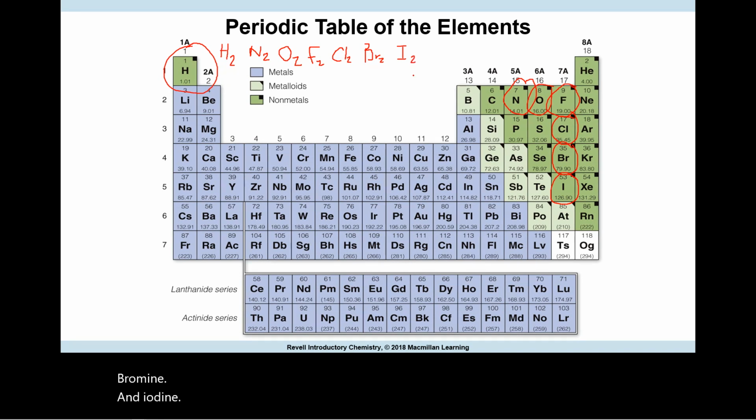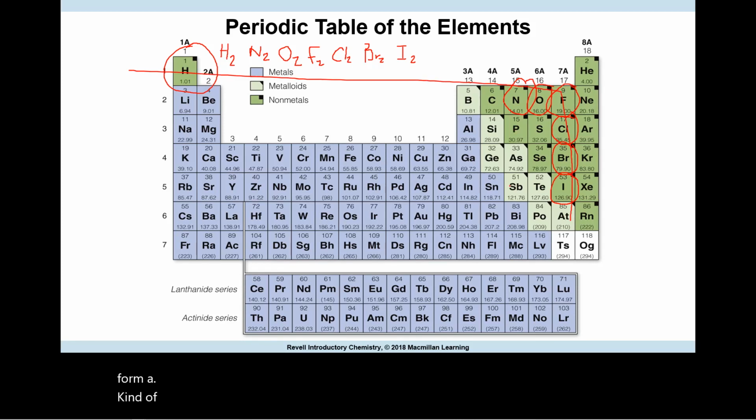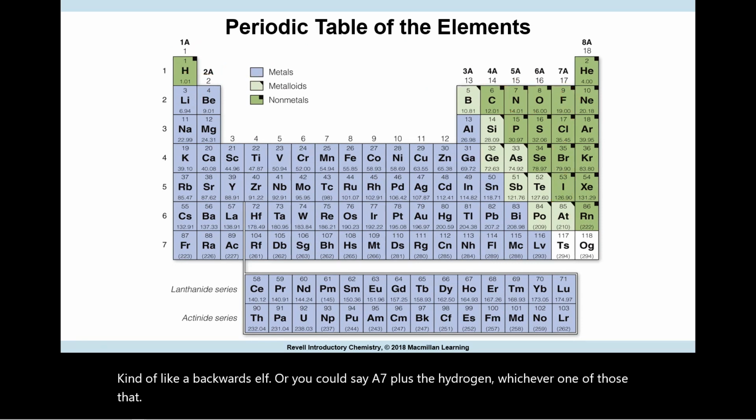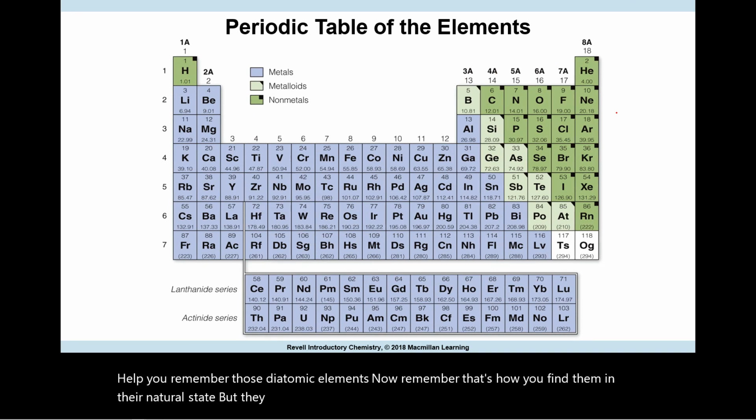These are the 7 diatomic elements, and something kind of neat about them is that they form a kind of backwards L. Or you could say a 7 plus the hydrogen, whichever one helps you remember those diatomic elements. Now remember, that's how you find them in their natural state, but they do break apart.